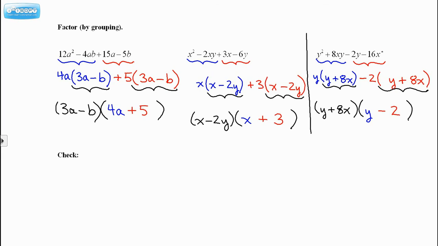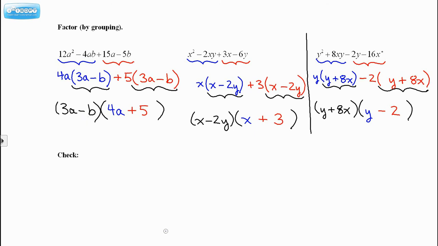Well, remember before, when I first introduced factoring, I said you can always check to see if you did it right, meaning you can always multiply everything back out again and see if you end up back where you started. So my final answer here was a product of two binomials. If I multiply them out again correctly, and I get this polynomial back again, then that means I did everything right.